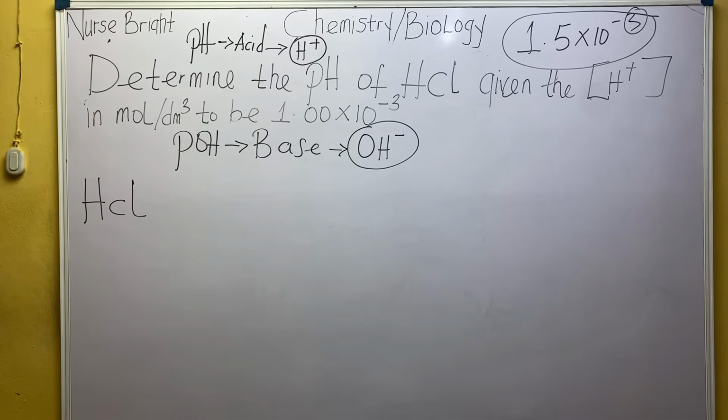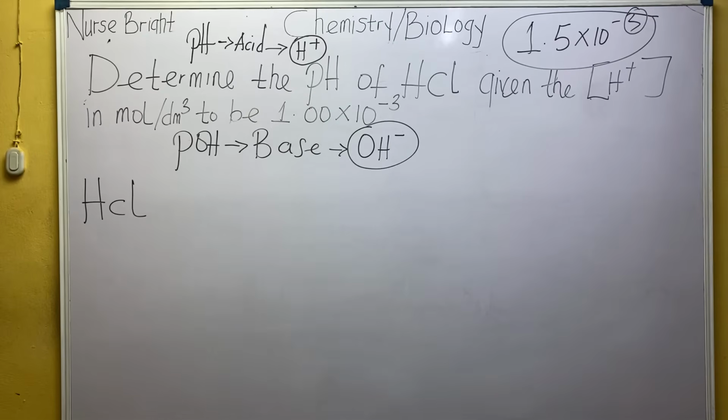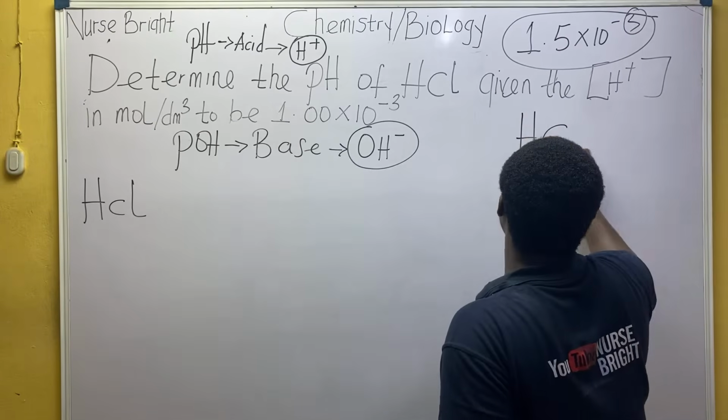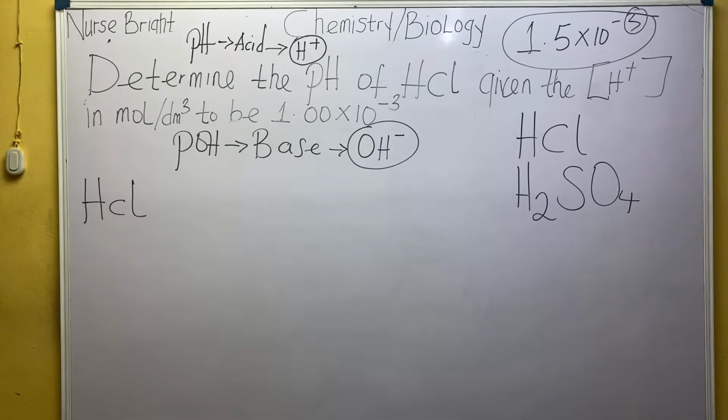Now moving further. As a student, you have to know the list of some common strong acids, and these are what questions are on this week. Please note all of these things. Common examples of strong acids include your HCl, hydrochloric acid, and H2SO4, hydrogen tetraoxosulfate VI acid.